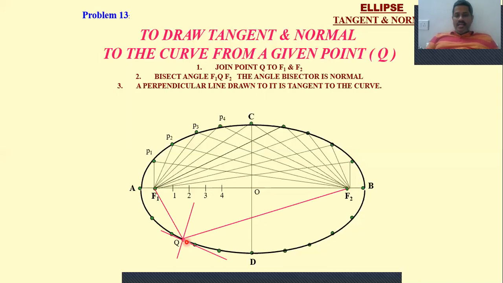Now this angle bisector will become normal to this curve, and the line normal to this angle bisector will become tangent to the ellipse in this case. So now we have drawn a normal and tangent from a given point on the ellipse. This is the procedure to draw tangent and normal from a given point on the ellipse.